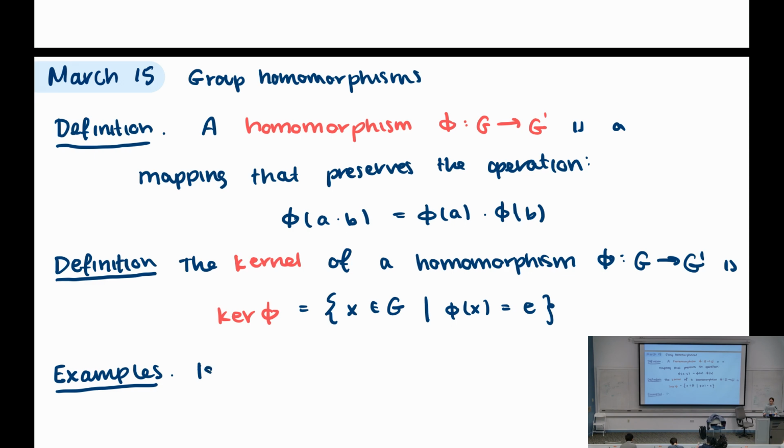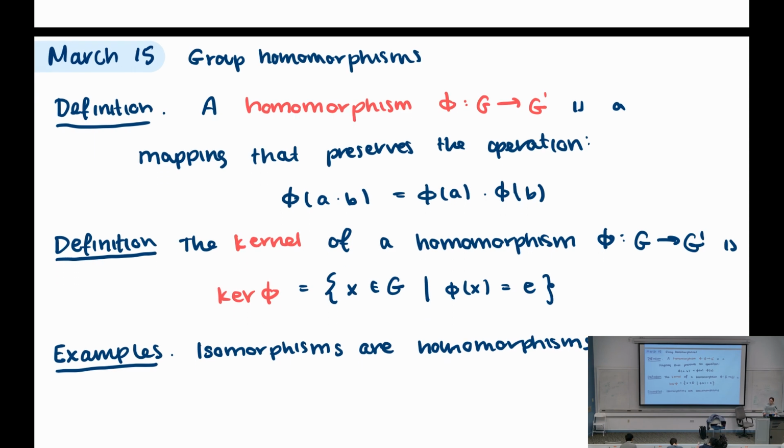So isomorphisms are homomorphisms. What is the kernel if phi is an isomorphism? Yeah, so the kernel is just the identity.